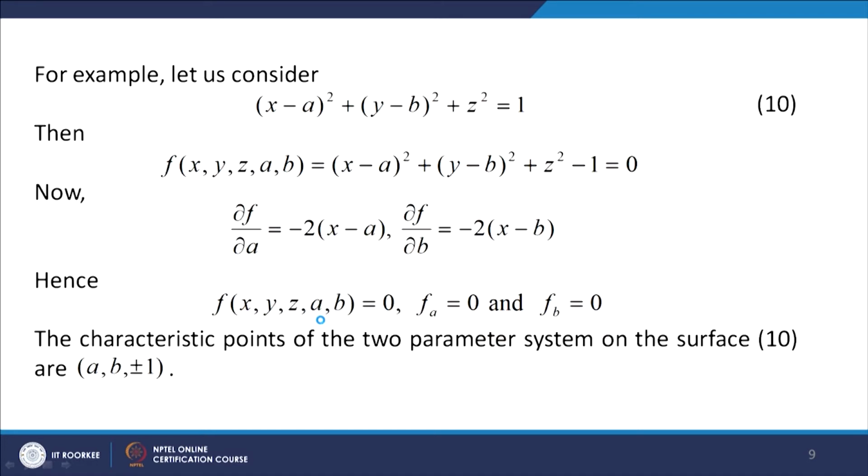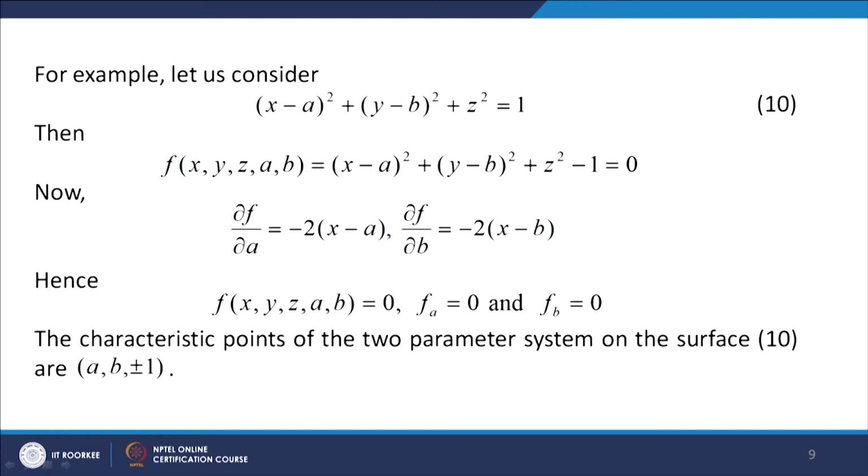Now, let us consider for example (x - a)^2 + (y - b)^2 + z^2 = 1. Then we can write this as a two parameter system of surfaces, you can see. So, here we consider f(x, y, z, a, b) = (x - a)^2 + (y - b)^2 + z^2 - 1 = 0.